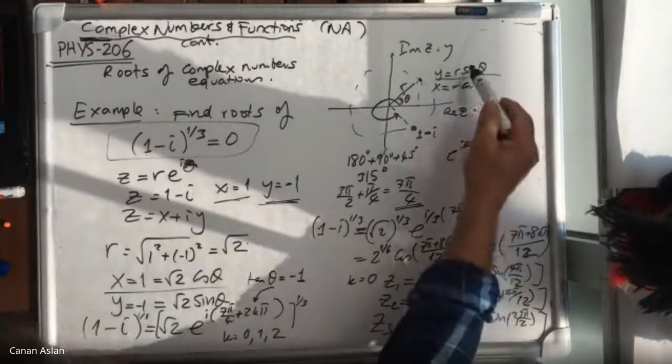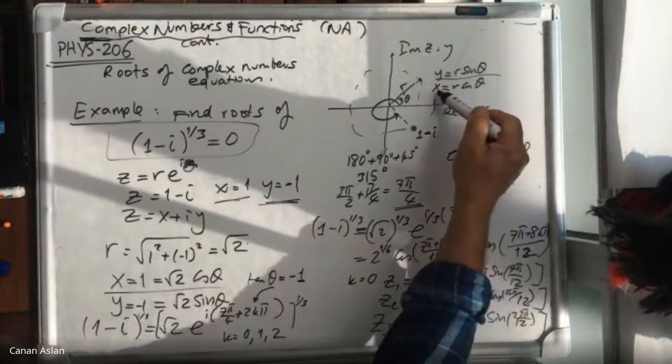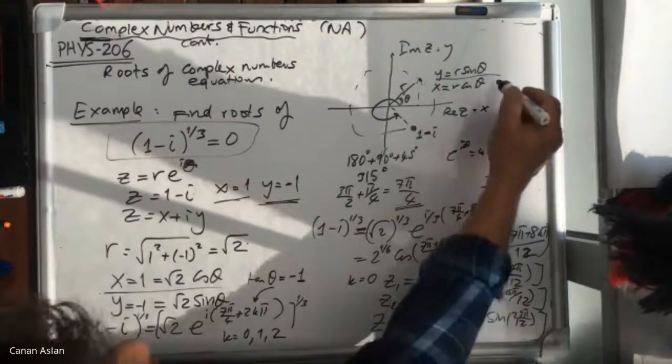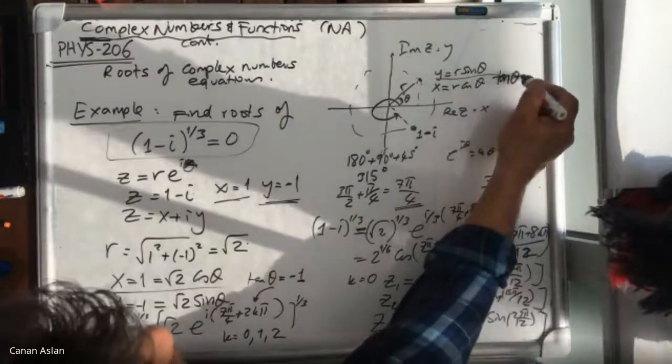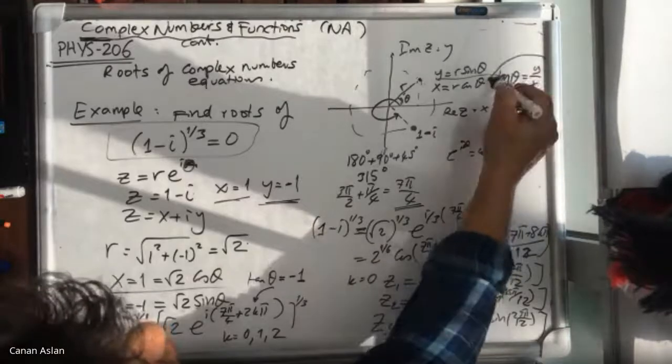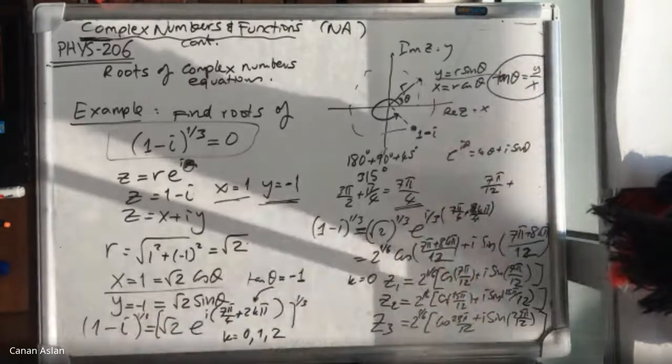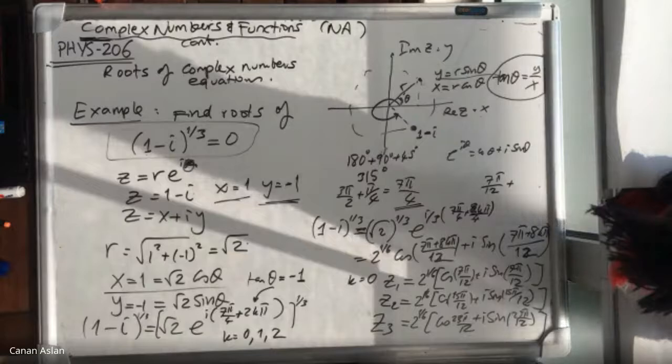As you see, y equals r sine theta, and x equals r cosine theta. From this, you can get tangent theta as y over x. So if you know y and x values, you can easily get the angle theta.